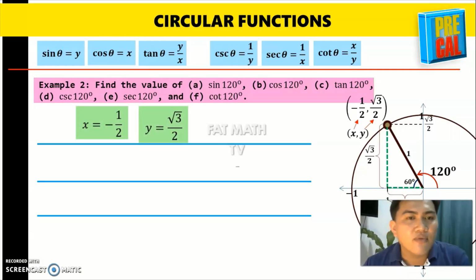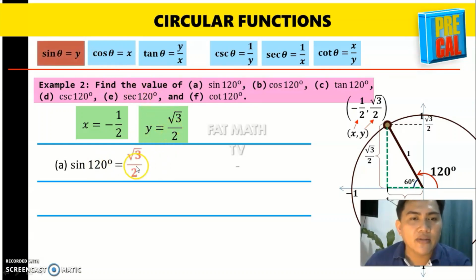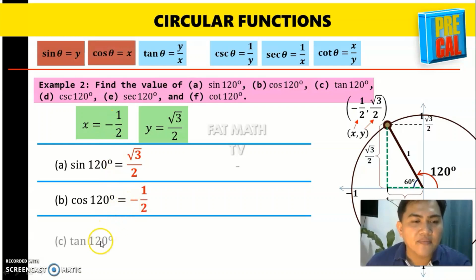So x is negative 1/2, y is square root of 3 over 2. So sine of 120 degrees is simply the y, so y is square root of 3 over 2. The cosine of 120 degrees is x, so that's simply negative 1/2. Tangent of 120 degrees is y over x, so y, square root of 3 over 2, over x, negative 1/2.